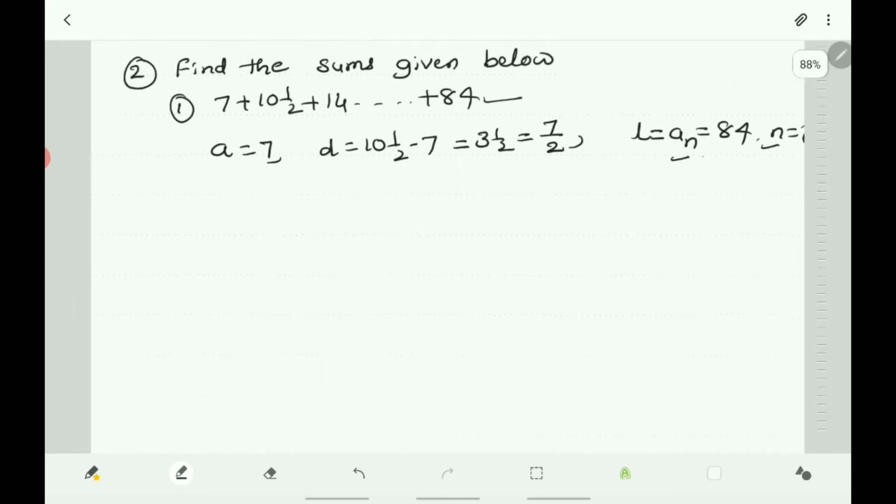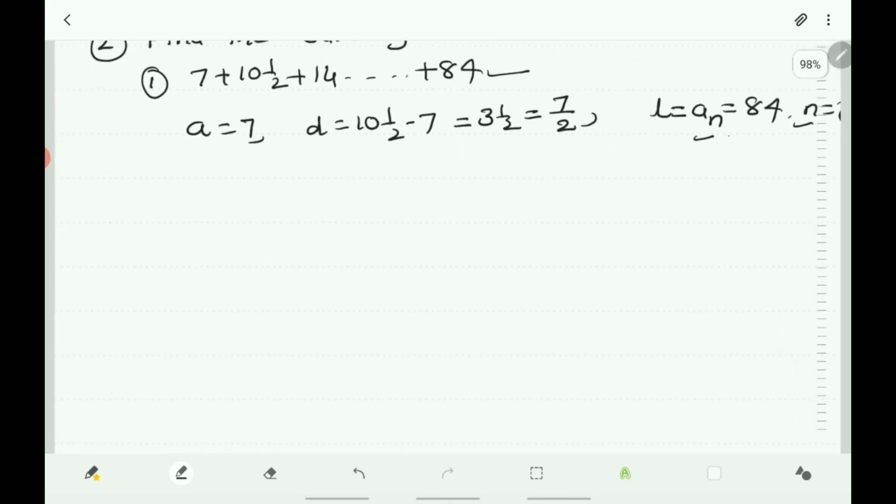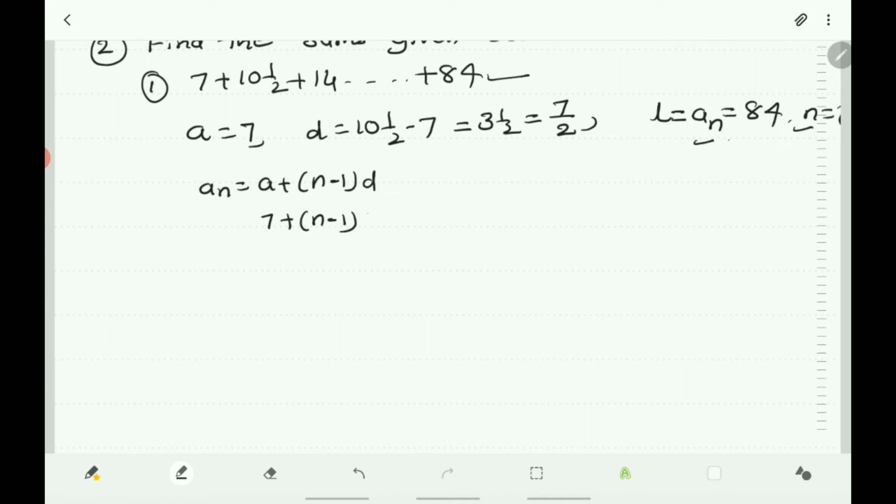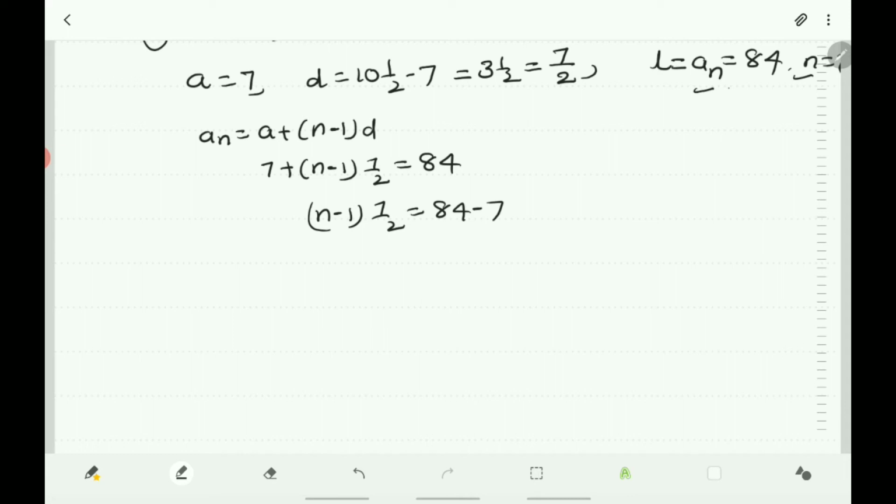So write AN is equal to A plus N minus 1 into D. A is here 7 plus N minus 1, where N is what you have to find out, into D, which is 7 by 2, is equal to 84. Then here N minus 1 into 7 by 2 is equal to 84 minus 7. You transfer 7 to the RHS, it becomes 84 minus 7.